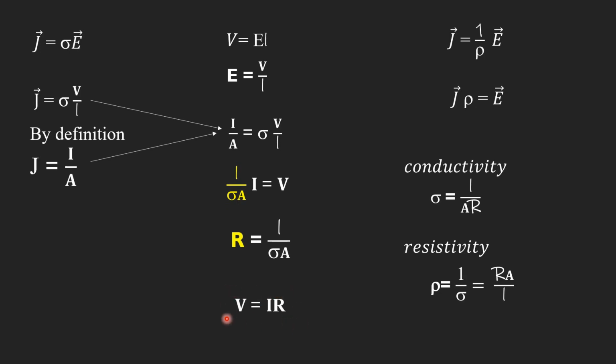So the Ohm's law equation can be obtained by the knowledge of current density and the conductivity.